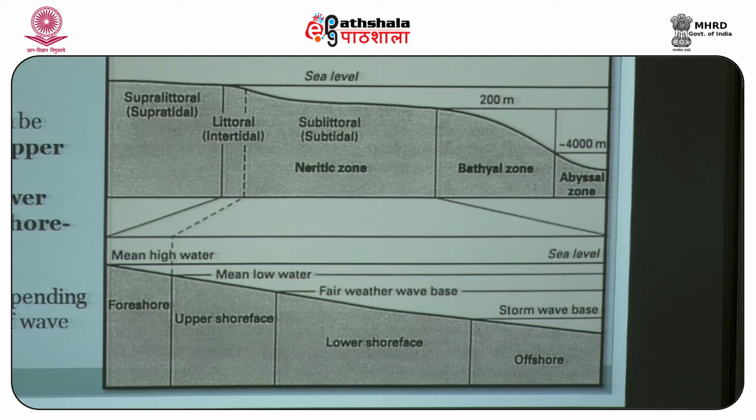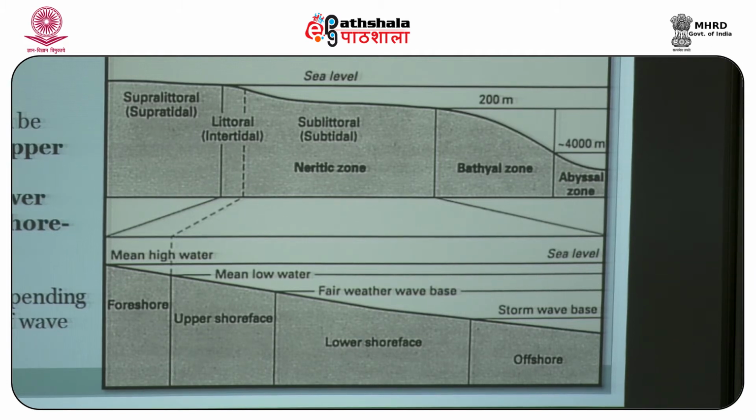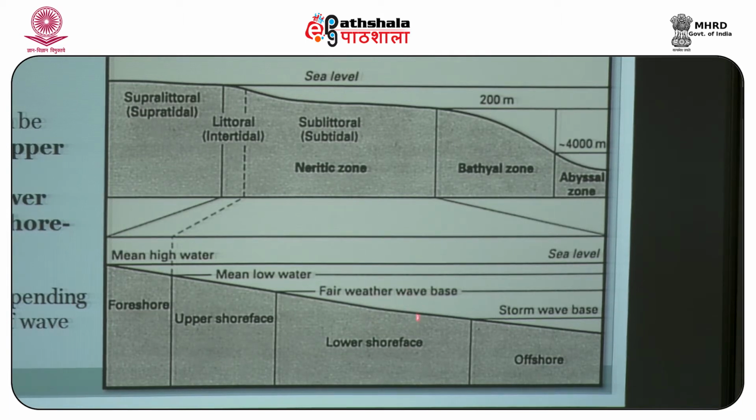Now, this upper shore face is characterized by wave features and wave generated current features. The lower shore face receives mostly silty material deposited from suspension fallout with intervention of storms. Only storm waves can penetrate here, no fair weather wave can penetrate up to this depth.